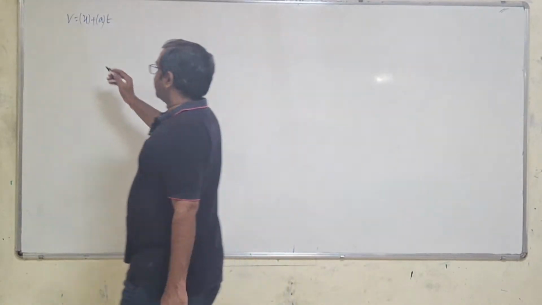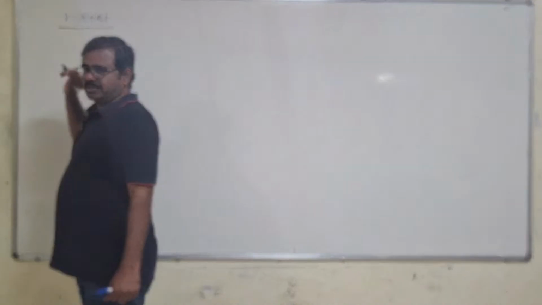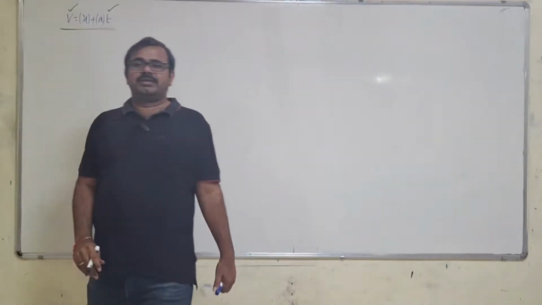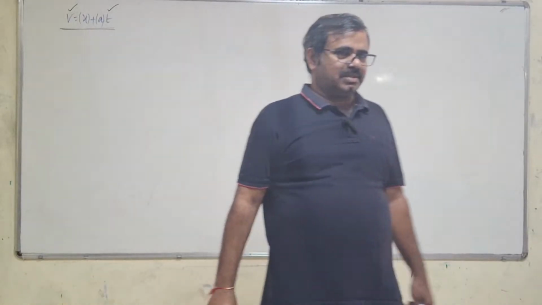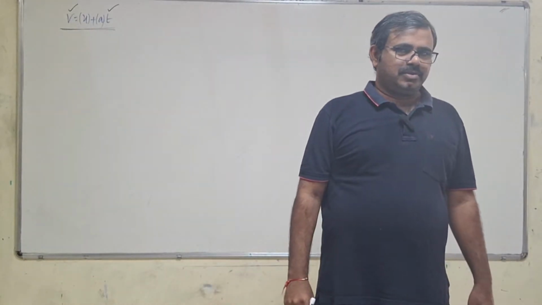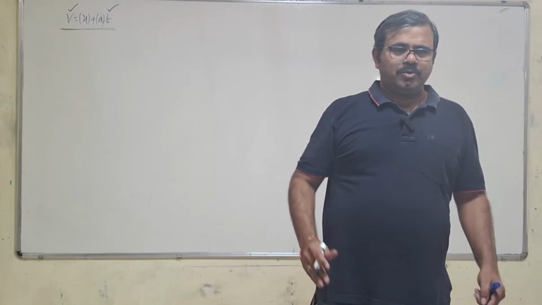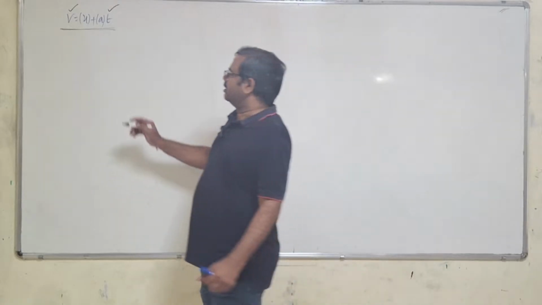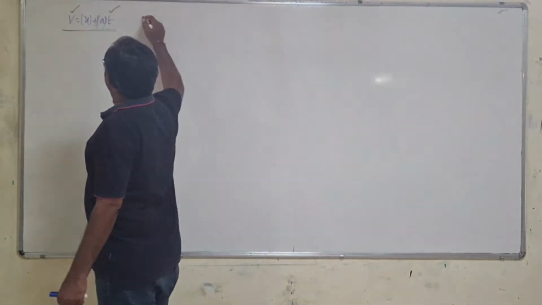What does this equation say? This equation says that velocity of a body varies with time, isn't it? You understand what I'm saying? U is initial velocity constant. Since it is moving with uniform acceleration, acceleration is also a constant.